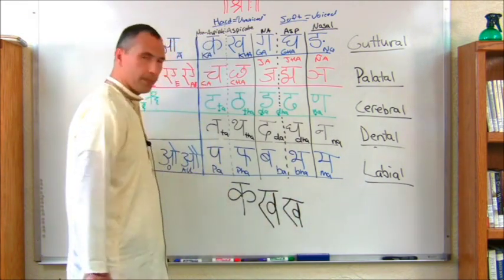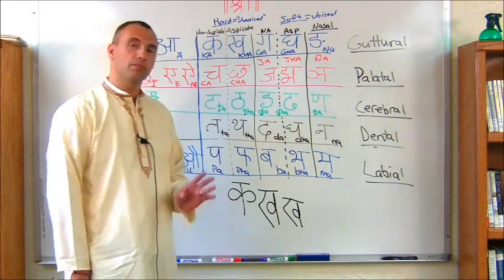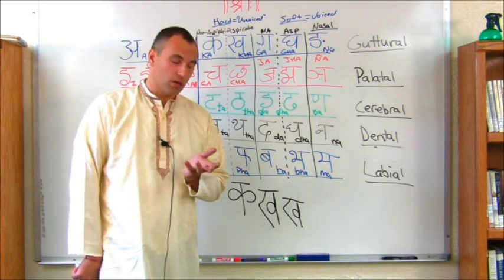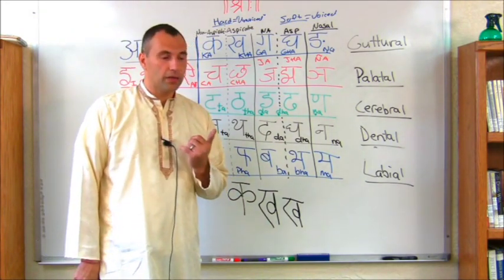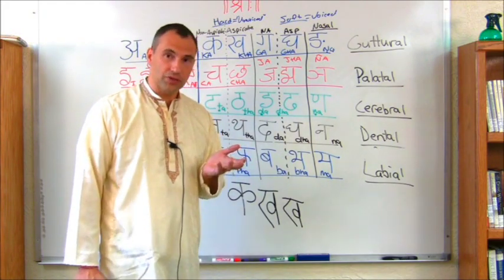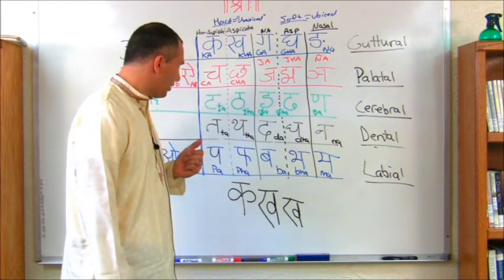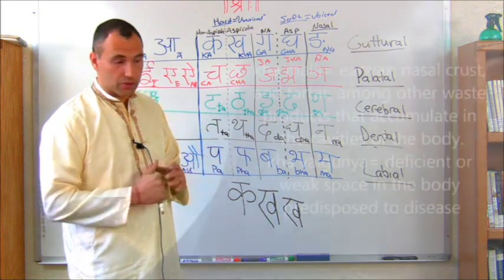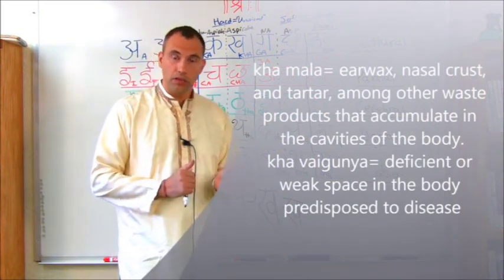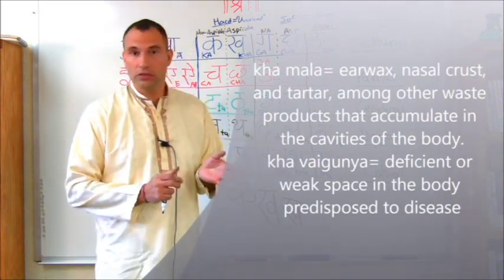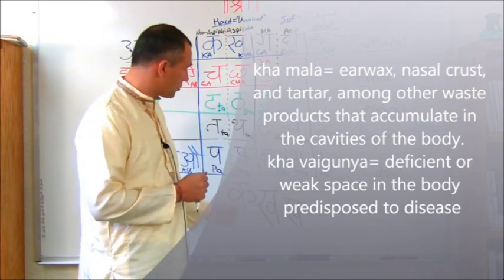Kha, okay? Kha means space, and kha relates to spaces in the body. It can relate to spaciness. In Ayurveda, Kamala, Kavaigunya, these are terms that use the word kha.